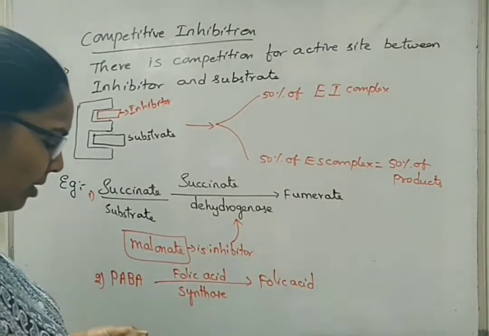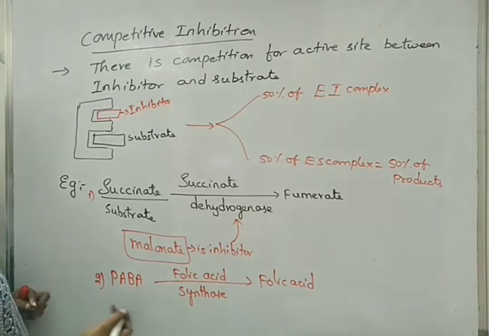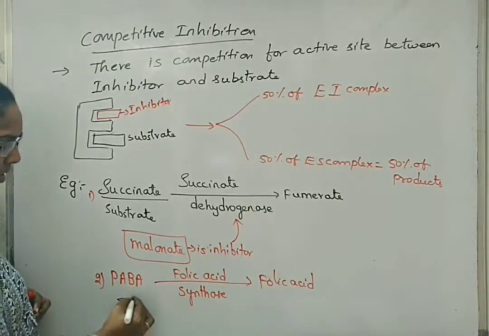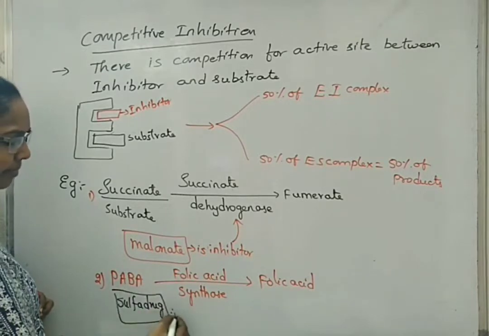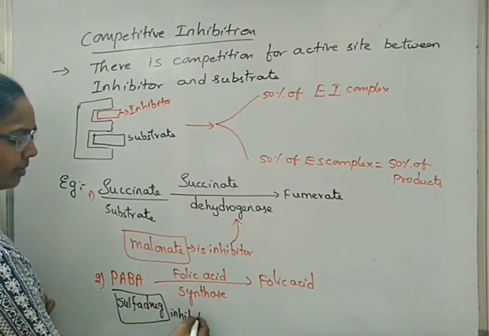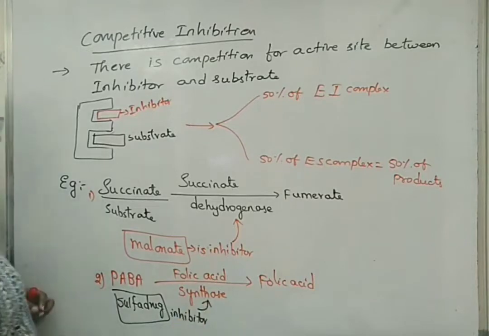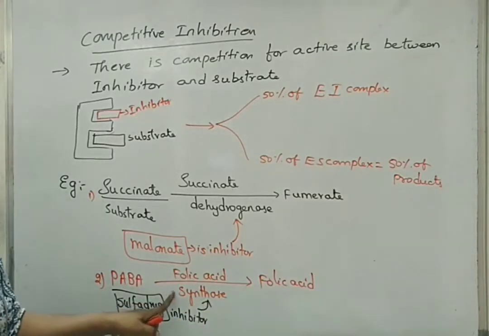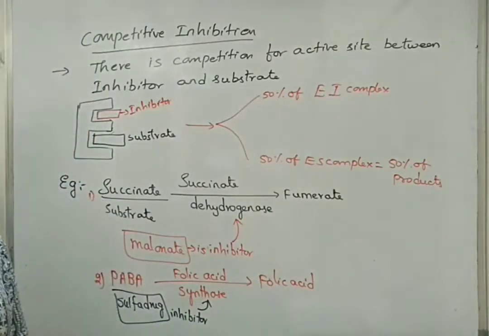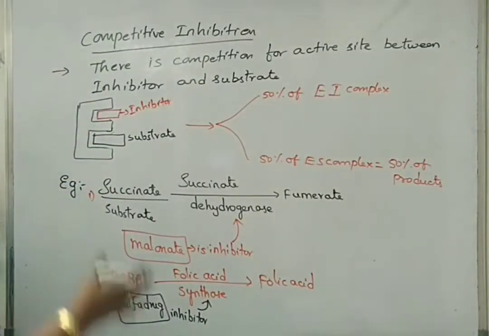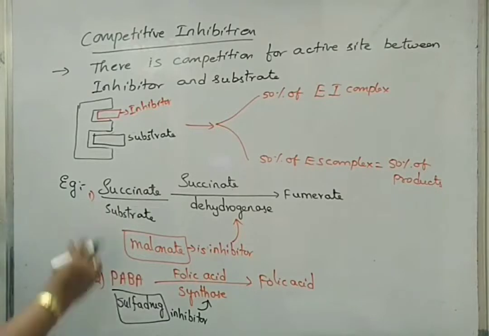There is an inhibitor called sulfa drug, nothing but the painkillers. Here, this is the inhibitor. It also binds to some of the active sites of folic acid synthase enzyme so that we are not getting 100% of folic acid synthesis in the body. This is another example. So under competitive inhibition, we have seen two examples. One in Krebs cycle, another is because of sulfa drugs.